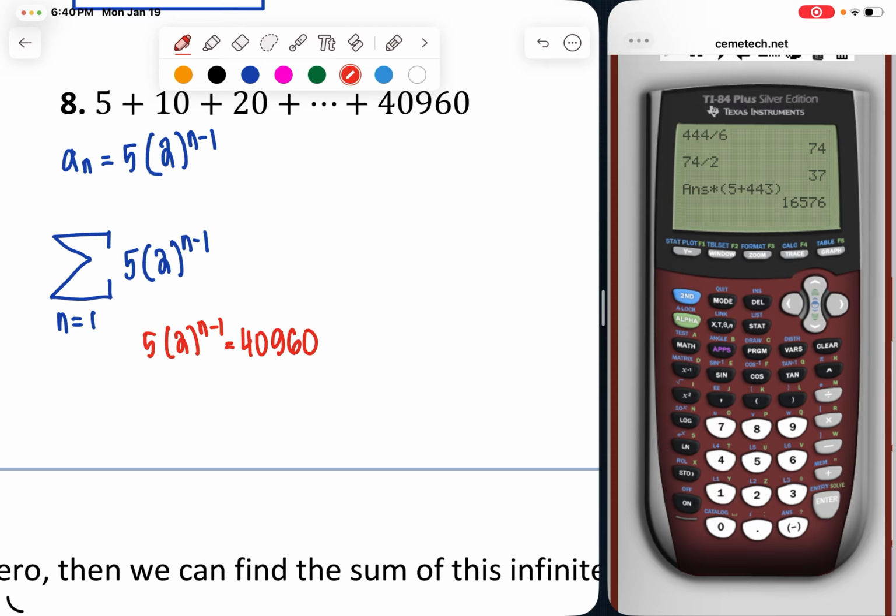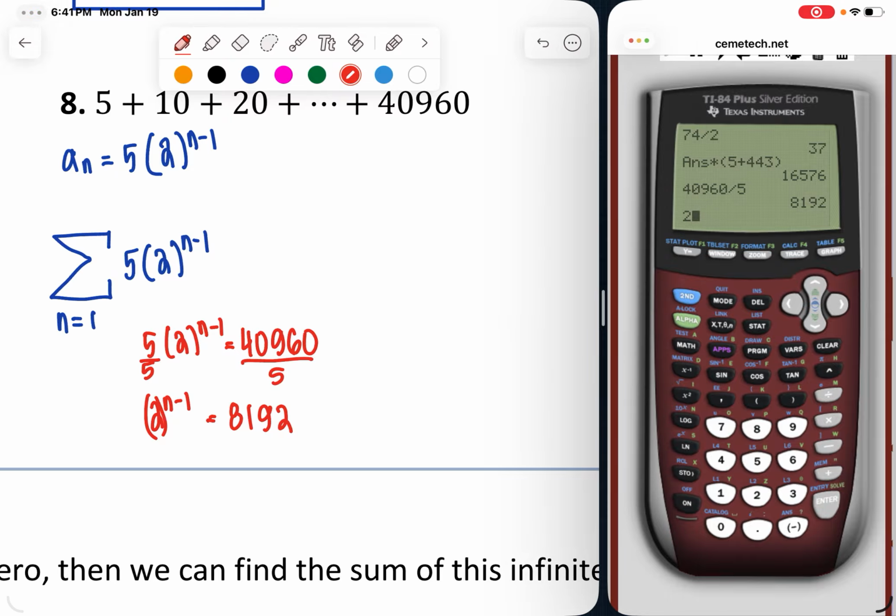40,960. Divide both sides by 5. 40,960 divided by 5 is 2 to the n minus 1 power is equal to 8192. Now, there is a way to solve this using logarithms, which we're not in that chapter yet, so we're going to use good old guess and check.